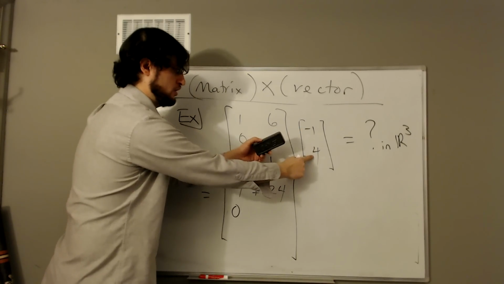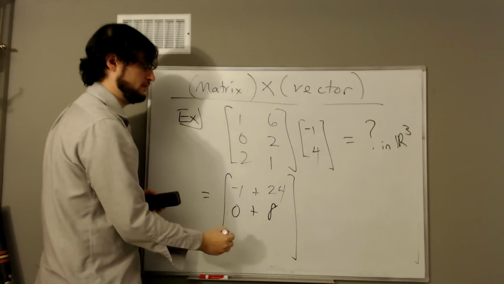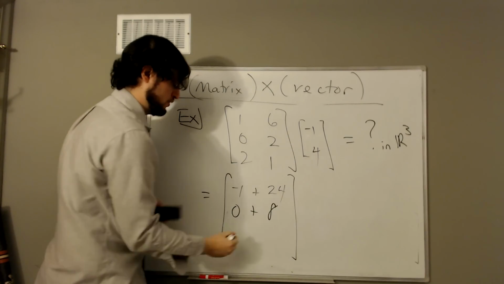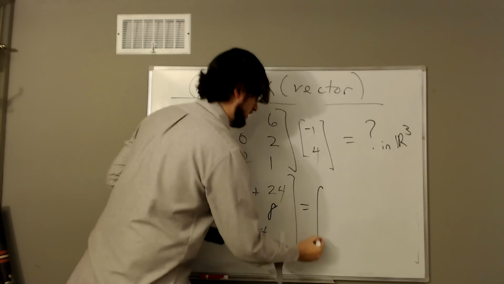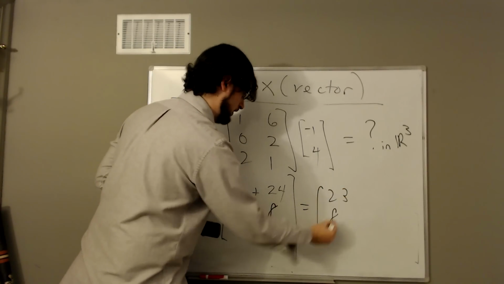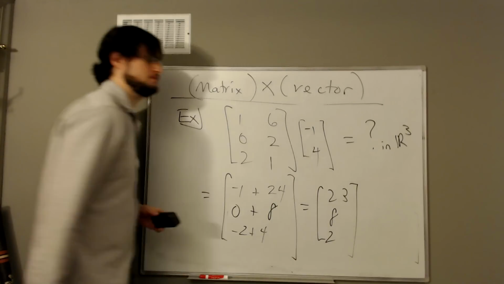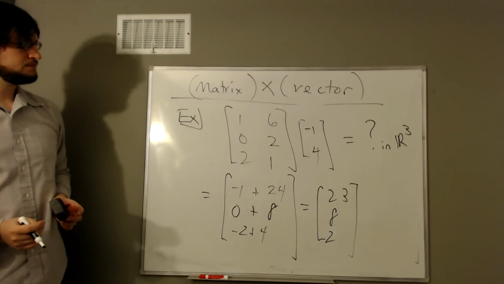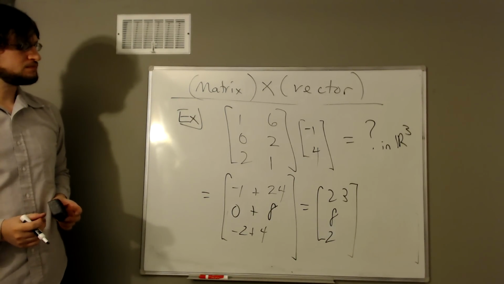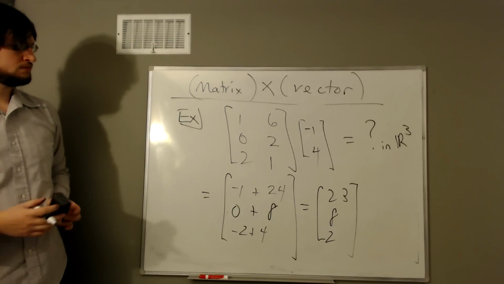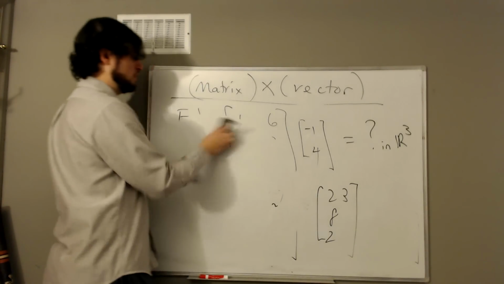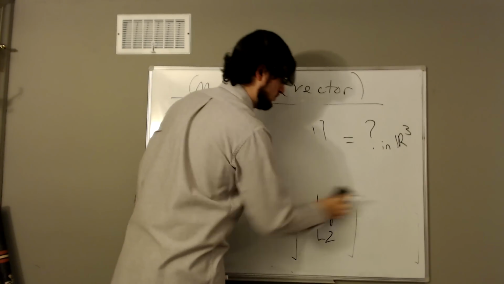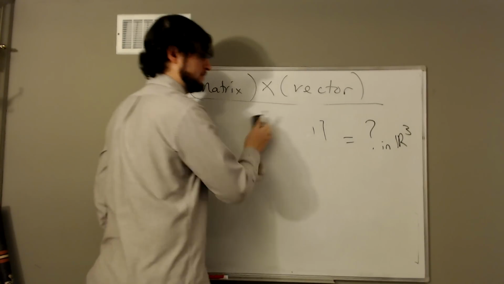And then 2 times 4, which is 8. And then -2 plus 4. And so my answer is 23, 8, 2.